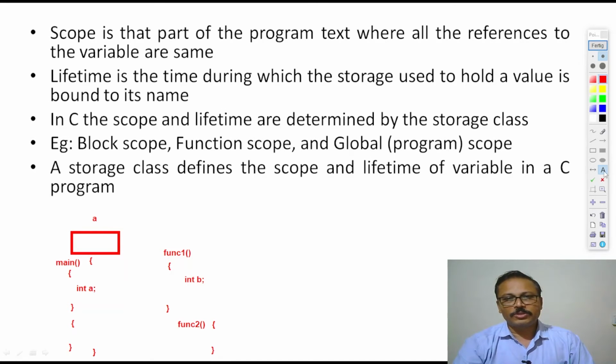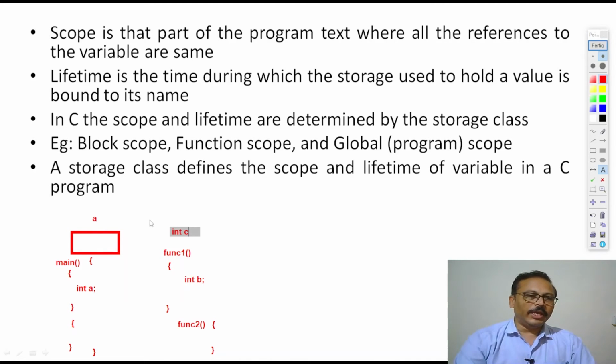Now the global scope is, say you declare somewhere here. So this integer C will be accessed within the main also, within function 1, within function 2, anywhere within the program. So lifetime is the time during which storage used to hold a value is bound to its name.